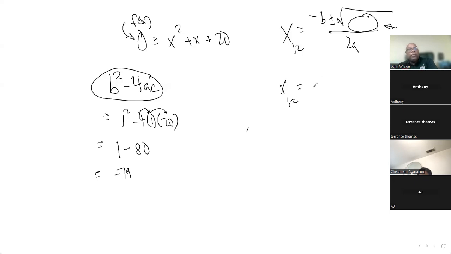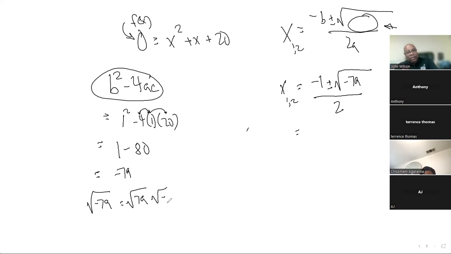x 1,2 is minus 1 plus or minus the square root of negative 79 all over 2 times 1, which is 2. Well, the square root of negative 79 is just the square root of 79 i, right? The square root of negative 79 is the square root of 79 times the square root of negative 1, or the square root of 79 i.